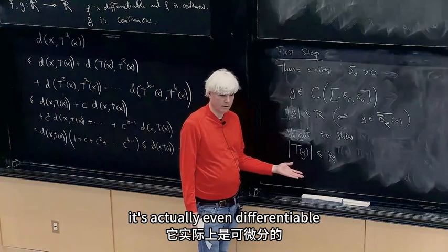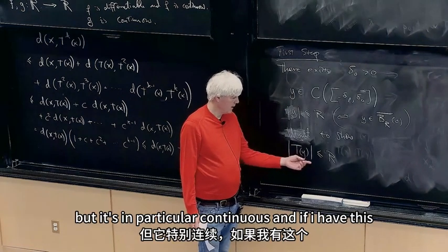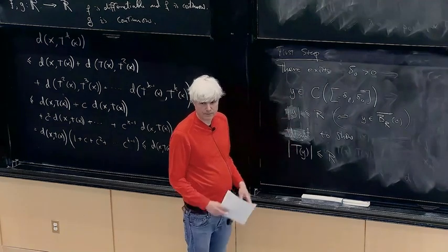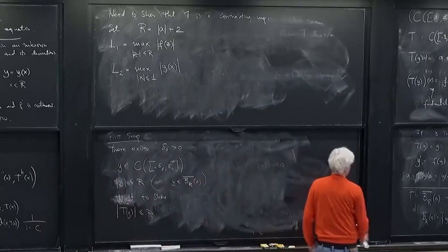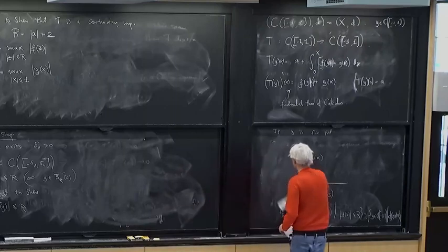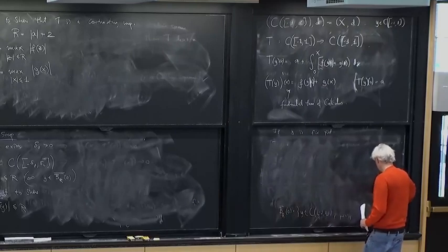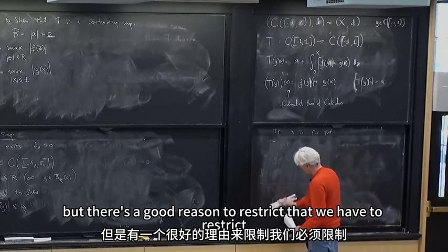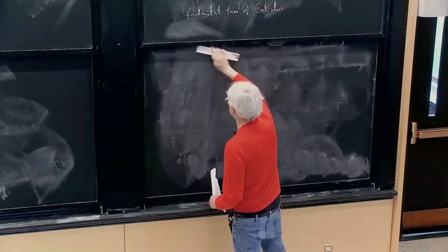It's actually even differentiable, but it's in particular continuous. And if I have this, then I know that this space is taken into itself, right? Okay. So now how do I do that? That's where I need to restrict the interval that I'm looking on. And again, we'll come back to it, but there's a good reason that we have to restrict. Otherwise, it couldn't possibly be true.